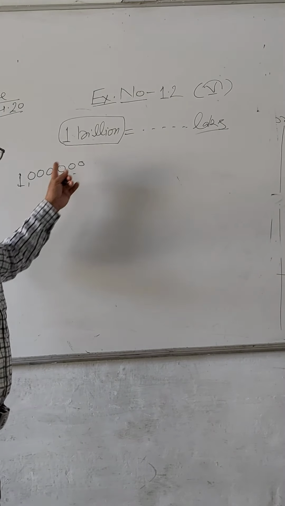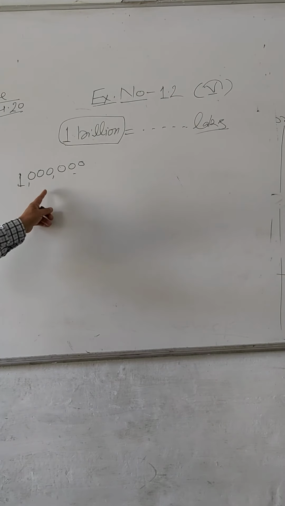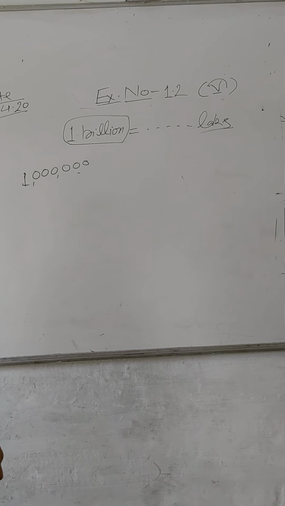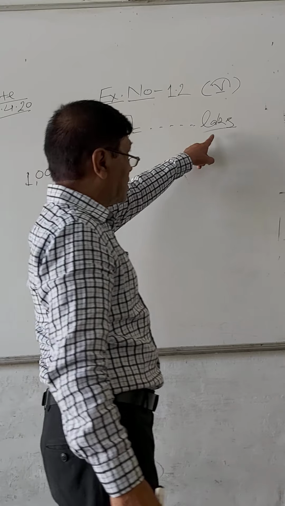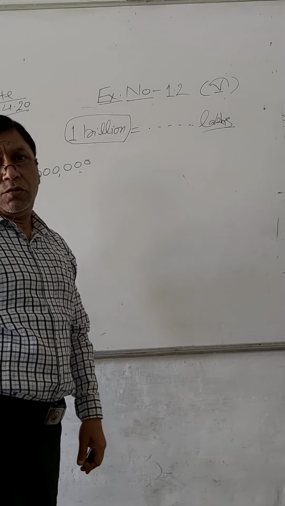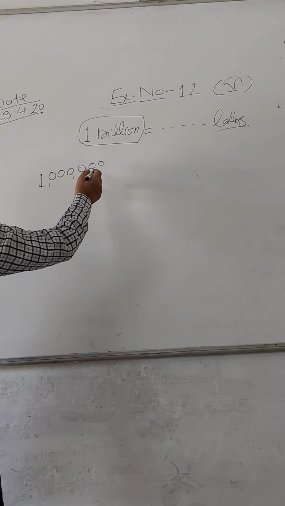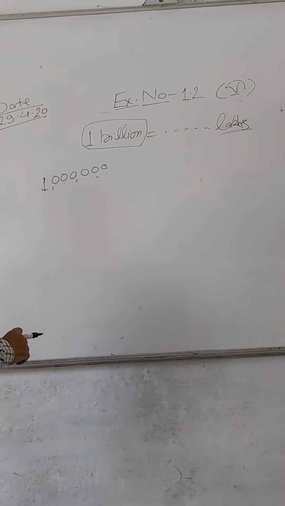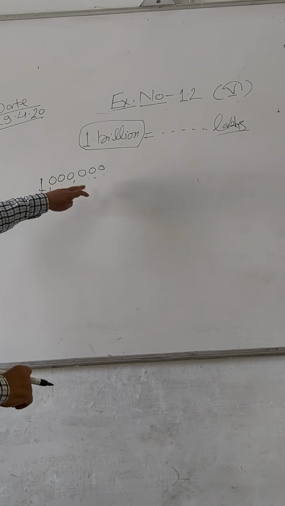This is the international system, and from this international system, you have to convert into lakhs. And you know that in lakhs, how many zeros come? 5 zeros. So, as much as you will write after the 5 zeros, that will tell me how many lakhs are there.